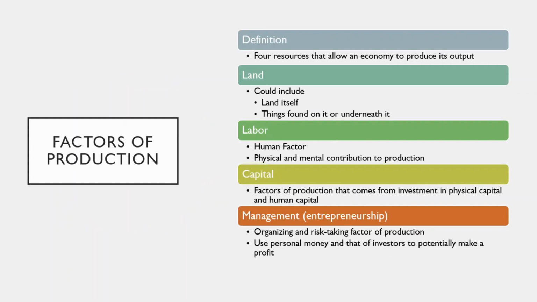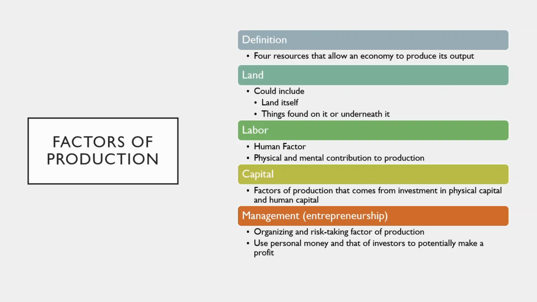The things you definitely should remember from earlier in the year are the factors of production. Factors of production are very important for any type of economy. They are resources that allow an economy to produce an output. Land includes any type of natural resources. It could include land itself or minerals or oil or land underneath it. Labor is the human factor. It's the physical and mental contribution to production.